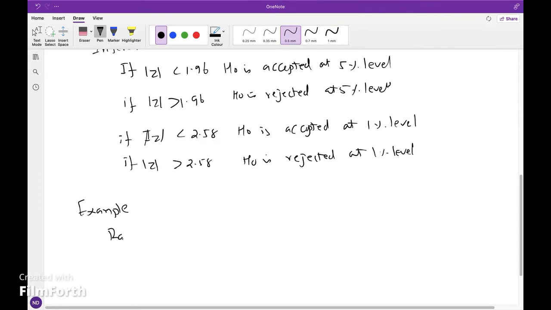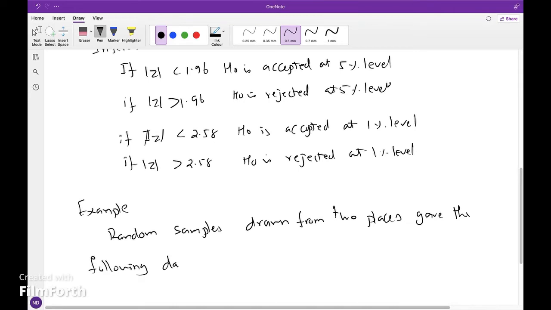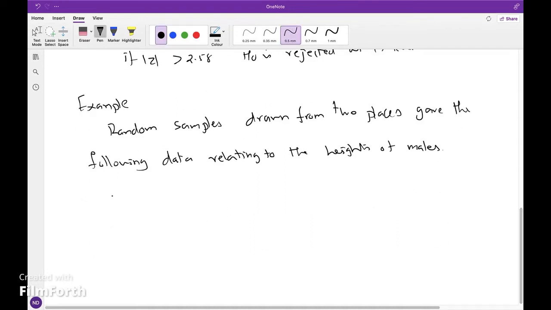Random samples drawn from two places gave the following data relating to the height of males: mean height in inches, standard deviation of height, and sample size.